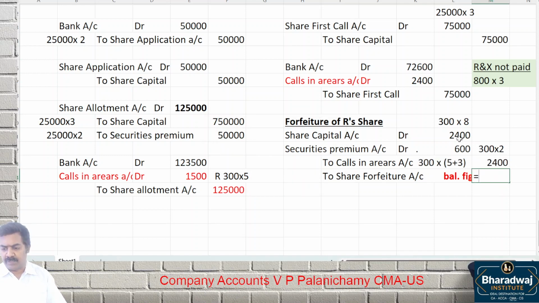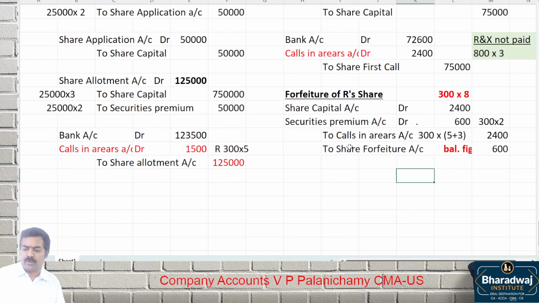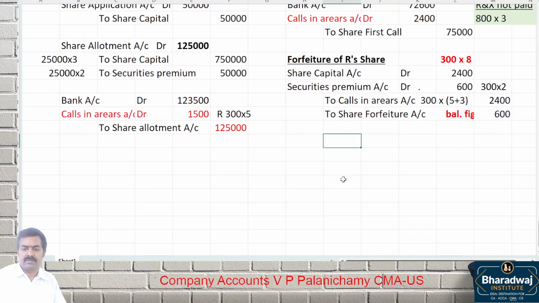Balance will go to forfeiture account. 300 shares we are cancelling before the final call, so 8 rupees called up. Calls in arrears will be 5 rupees allotment money, 3 rupees first call money. So 2,400. Balance goes to which account? Share forfeiture account.